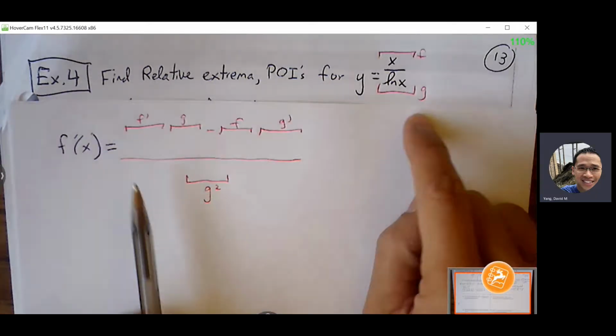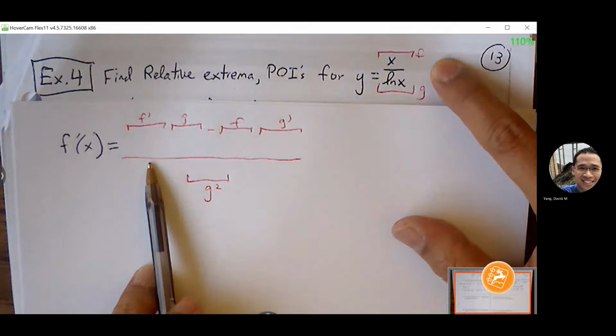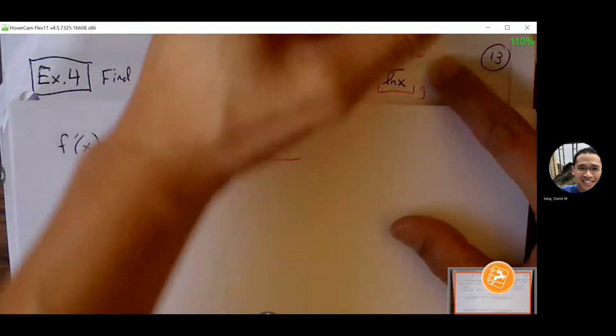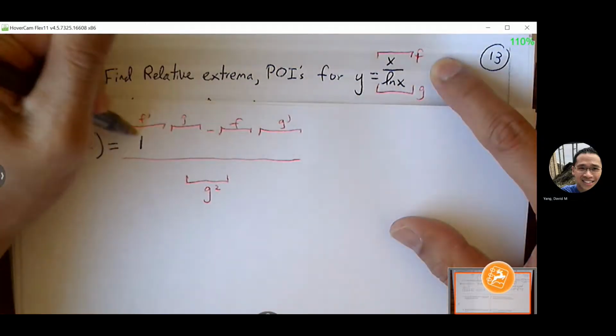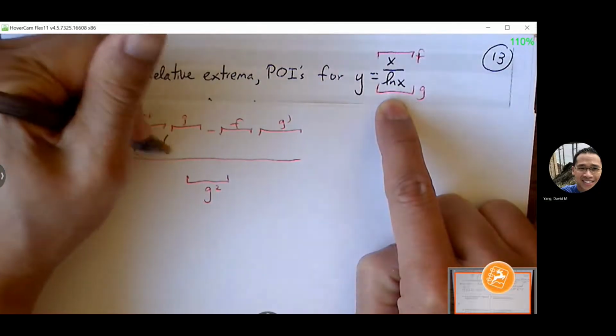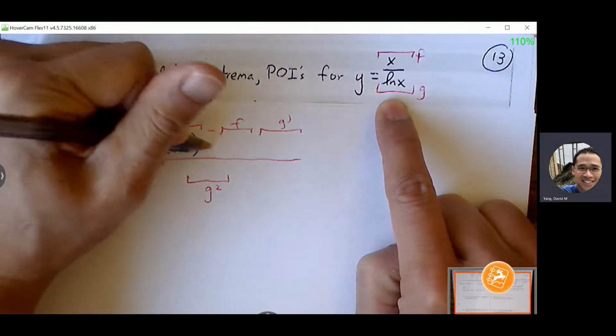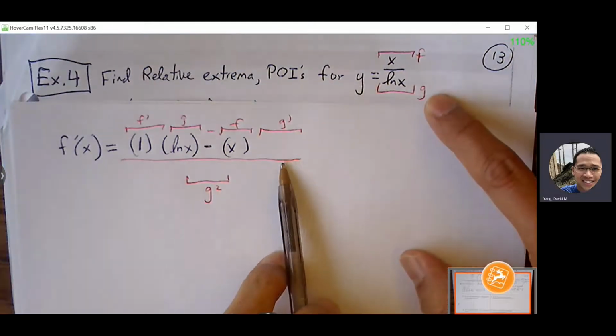Okay, step by step here, f prime becomes what? 1. G function, no changes. Back to f. Okay, what's g prime?